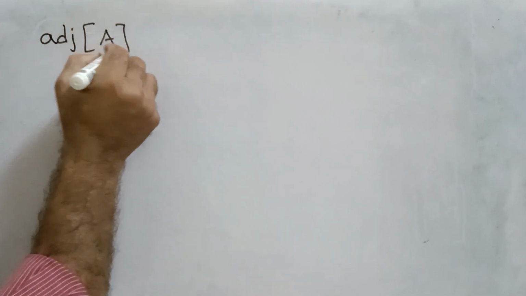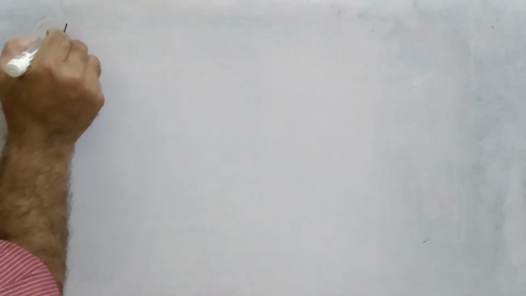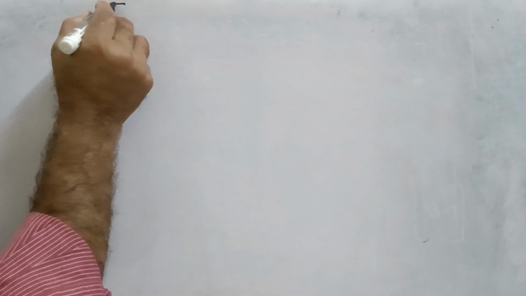So, the adjoint of A. How to find out the adjoint of A? Very simple. For finding the adjoint of A, first note down the matrix. Consider the matrix A. Write the matrix. What are the elements?